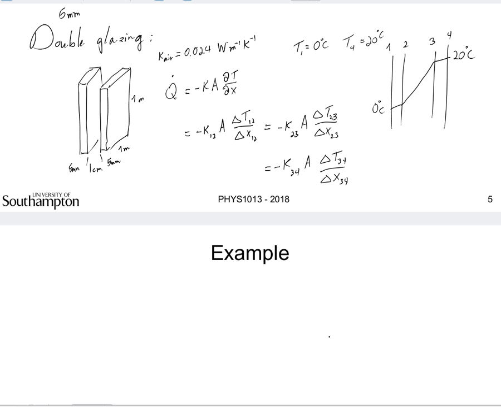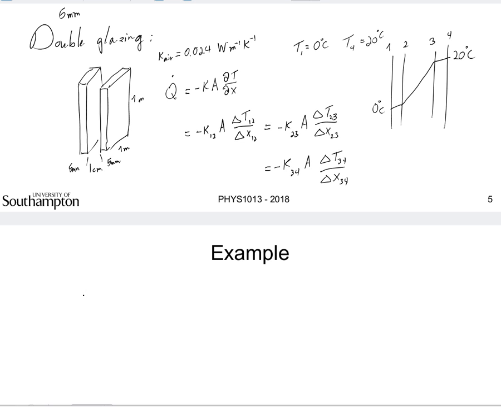Okay, so one thing we can do is to put the constant things on one side. So we're going to say that Q, no, actually what we want to do is isolate the temperature gradients. That's the thing that we don't know yet.